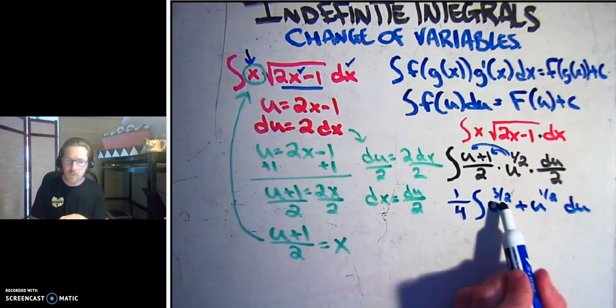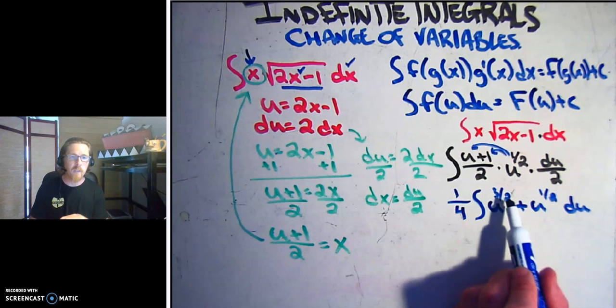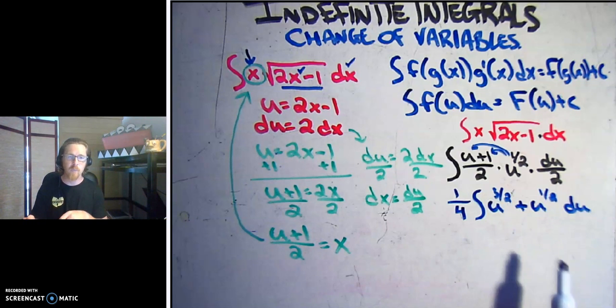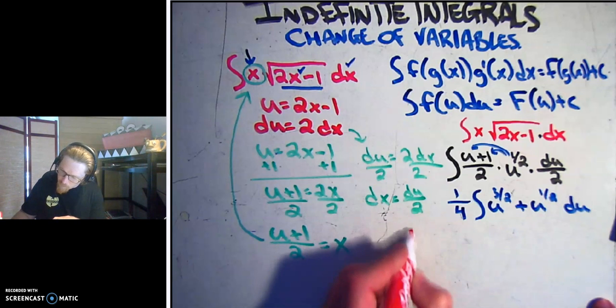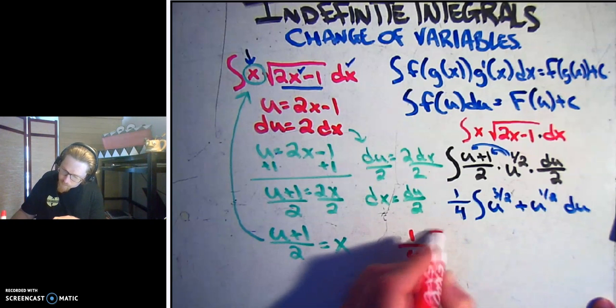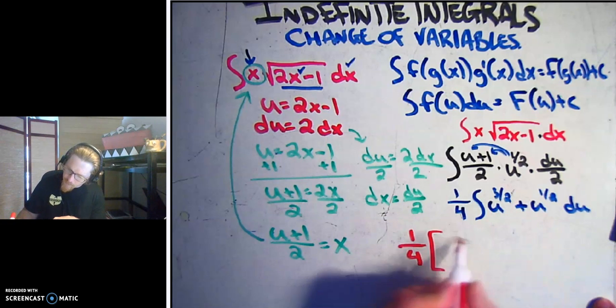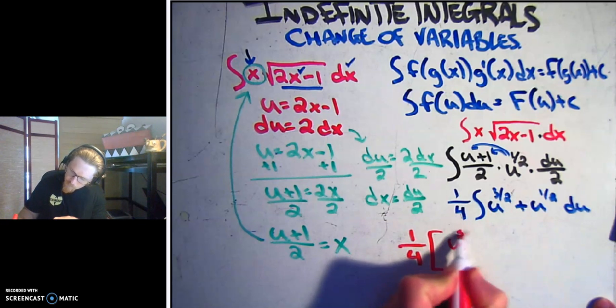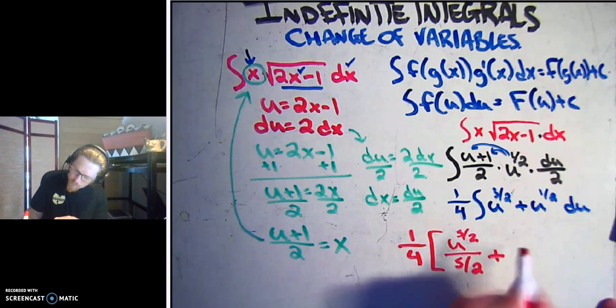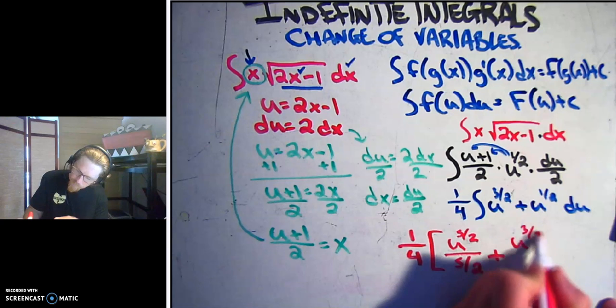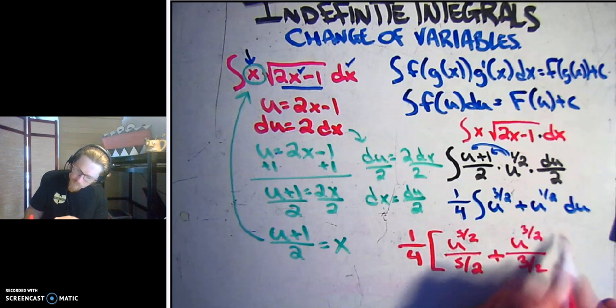Now the power rule says that we add 1 to our exponent and we divide by the new exponent. So let's integrate. That 1/4 is still hanging out, and u to the 3/2 becomes u to the 5/2 over 5/2. The u to the 1/2 becomes u to the 3/2 over 3/2.